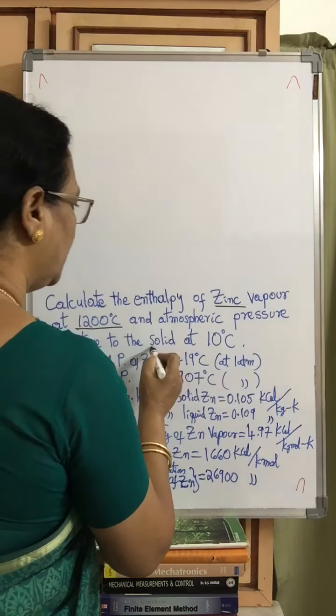Here a phase change is taking place. So let this be Q1, here let this be Q2, this is Q3, and this is Q4. Like stages we have divided.